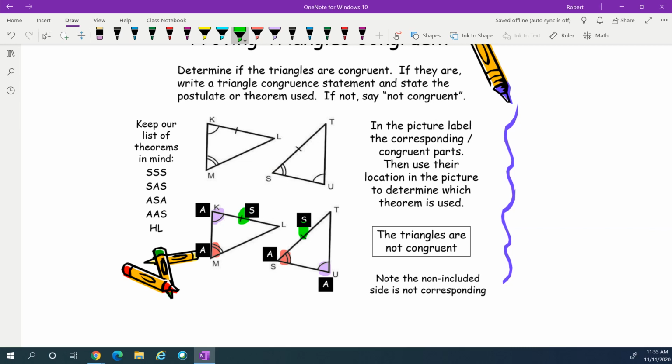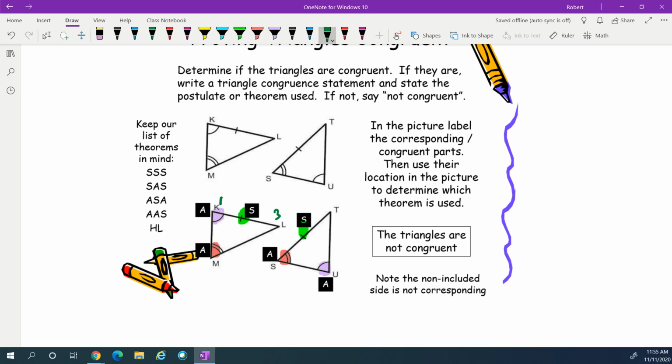So again, I have two angles and a side. It's not the side between the angles, so it's not ASA. I have to make sure that it is the corresponding side. Well, KL goes from the angle 1 to the third angle.